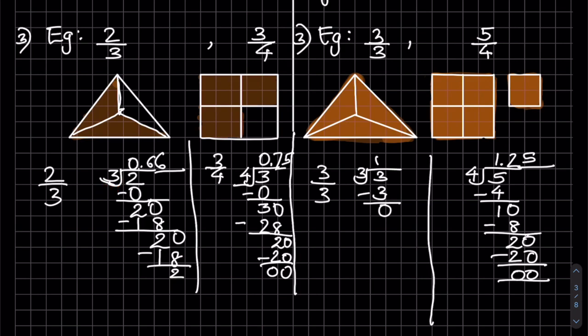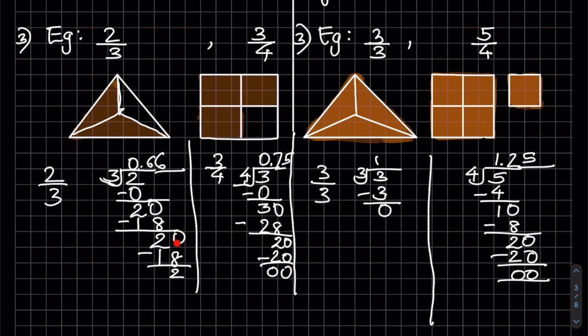It is to be divided into 3 equal parts, so we divide it by 3. When 2 is divided by 3, 3 zeros is 0, 2 minus 0 gives 2. After putting a decimal point, we continue with the division. 3 sixes are 18, 20 minus 18 gives 2.